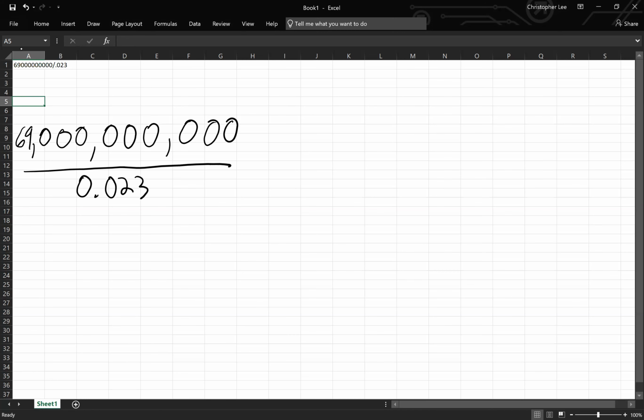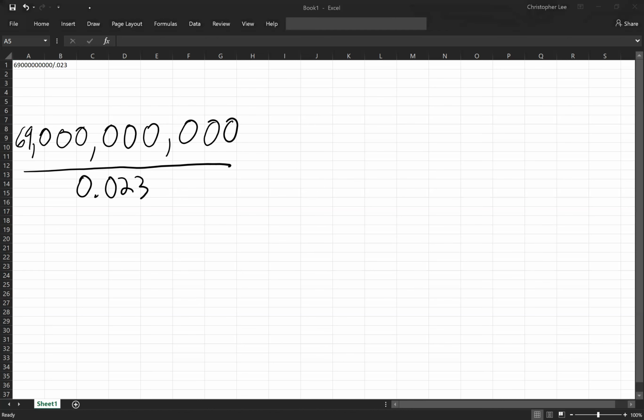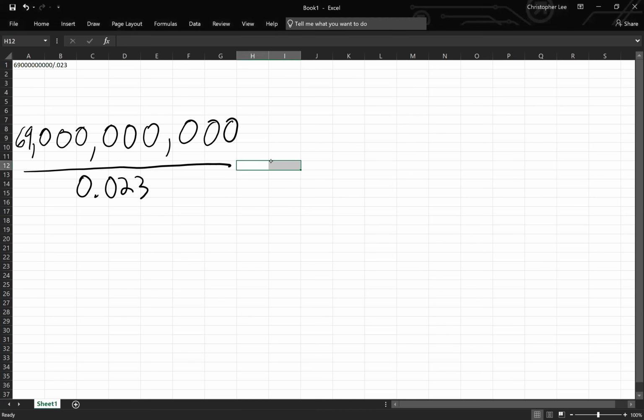0.023. Okay, so long story short, we want to divide these, right? The easiest way to do it will be to change it into scientific notation and then do your division. So let's check that out. You know that there's a decimal point right here.